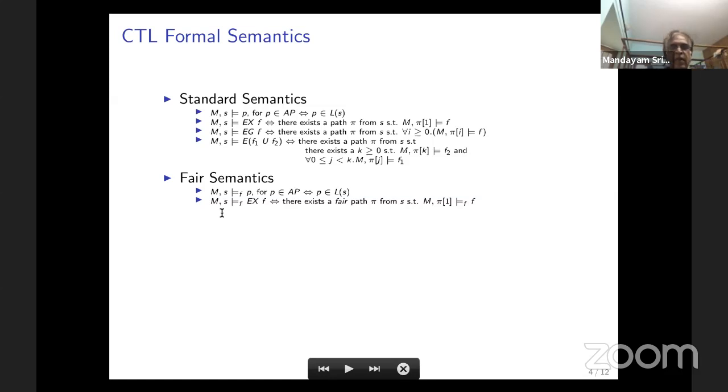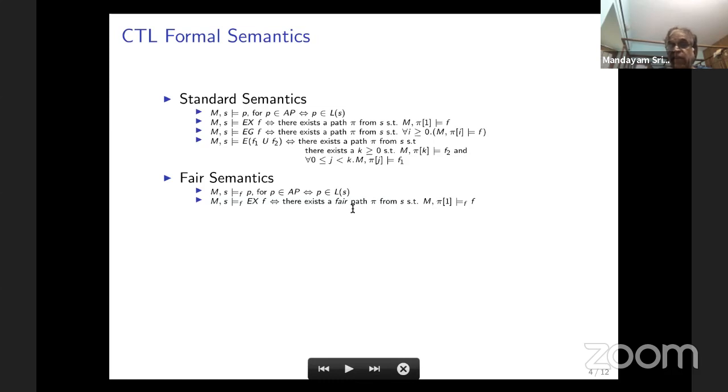Now here's where the differences start emerging. So EX of F is true under fair semantics only when there exists a fair path pi from S such that F is true in the second state, from the following state. Note the importance here: there exists a fair path from pi. So it is required to be satisfied only on fair paths originating from that state.